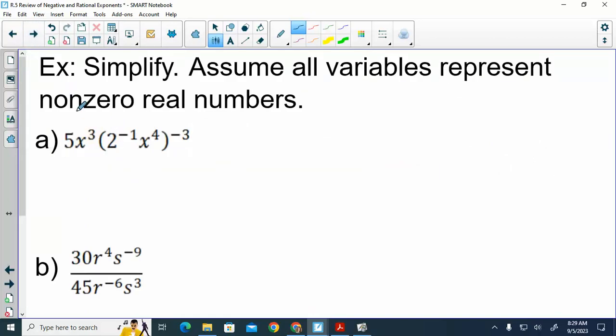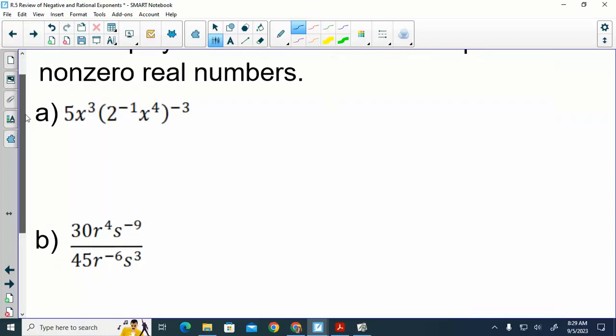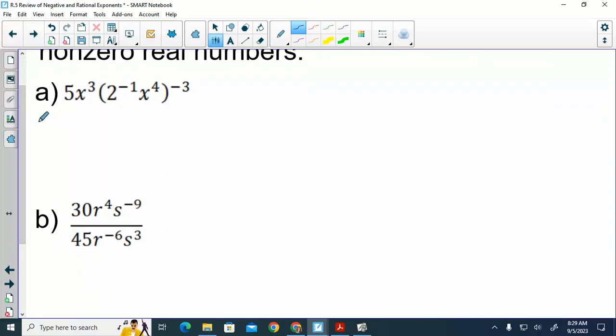Let's try some more. Lots of different places to begin with this. Let's just start with the parentheses first.